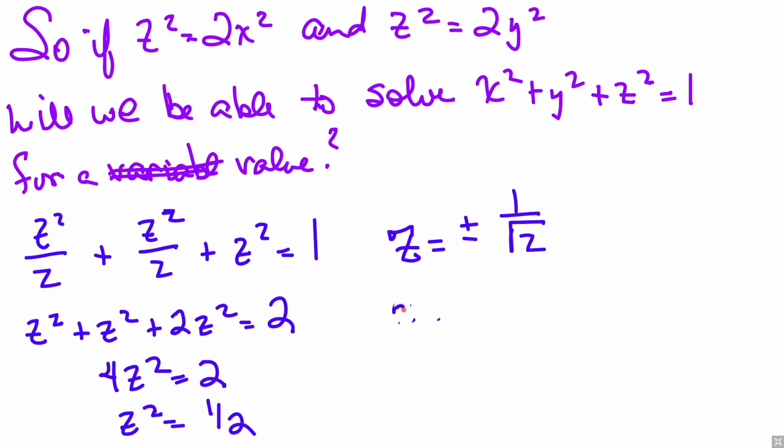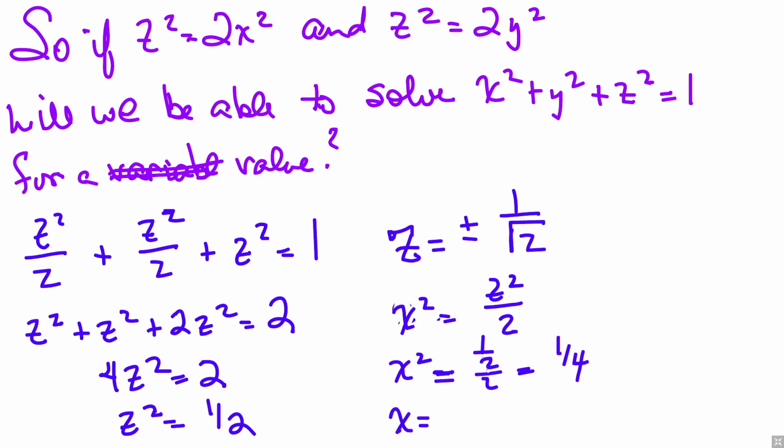We know that x squared is equal to z squared over 2. So that means that x squared is going to be 1/2 over 2, which is the same thing as 1/4. I stepped too fast. So what's x going to be equal to?